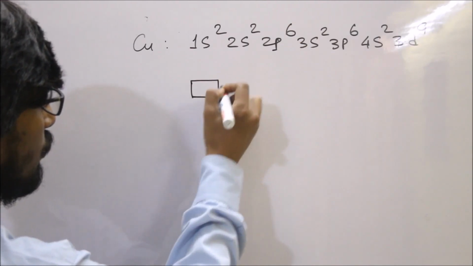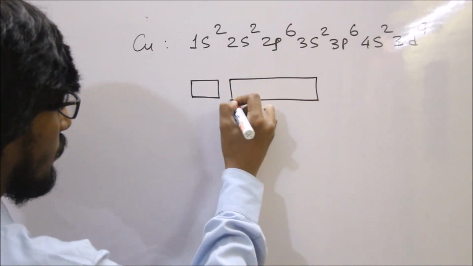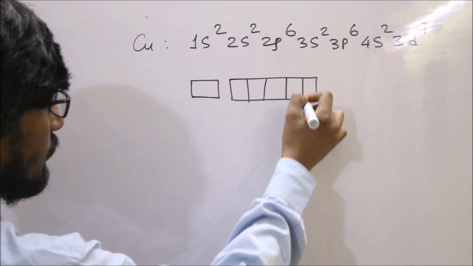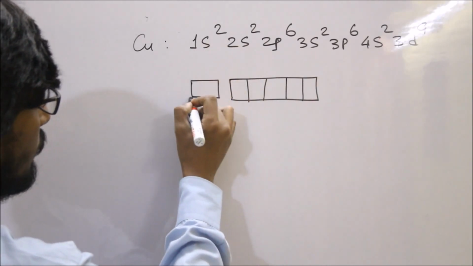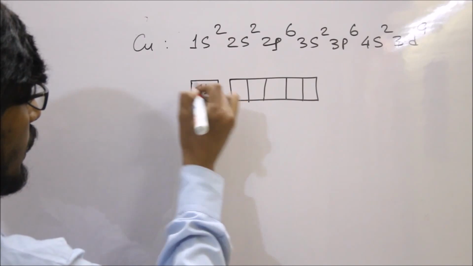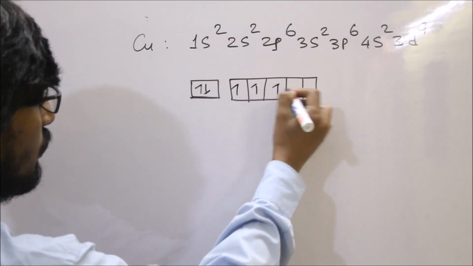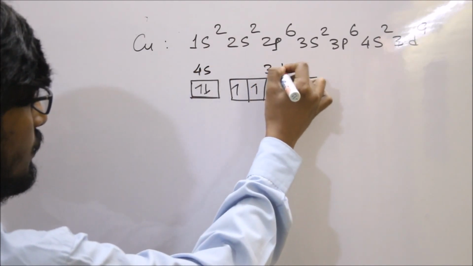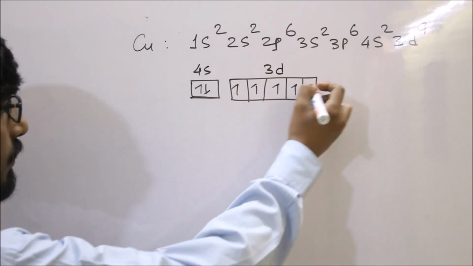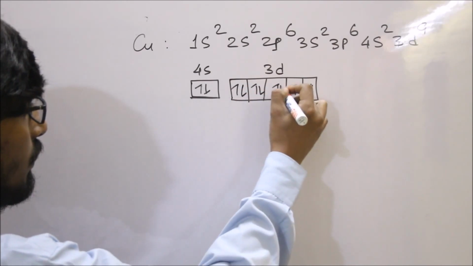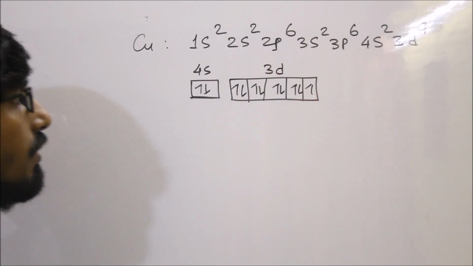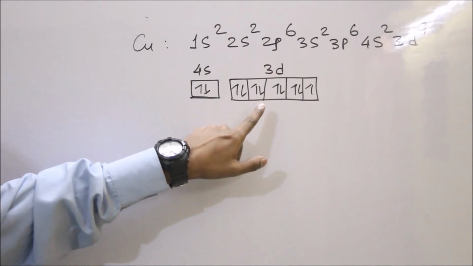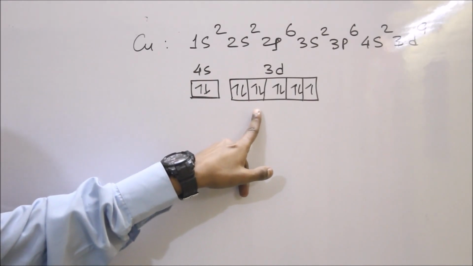So when we draw the box diagram of the valence shell of the copper atom, we observe this type of configuration. This is 4s and this is 3d. This is the expected electronic configuration of the copper atom.